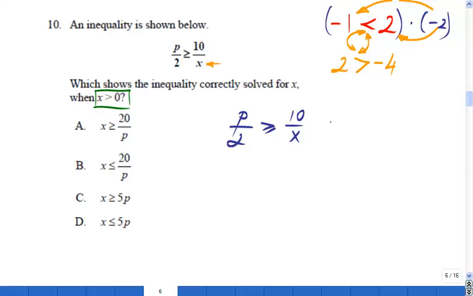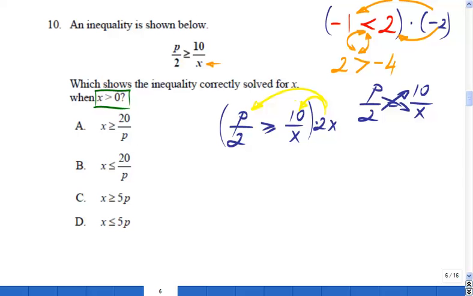I'm solving it like an equation, and one way is you guys can think about having a proportion. P over 2 equals 10 over x. Think about the cross products, right? Or you just multiply the whole thing here by the common denominator of 2 and x, which is 2x, right? So I'm multiplying everything by 2x.